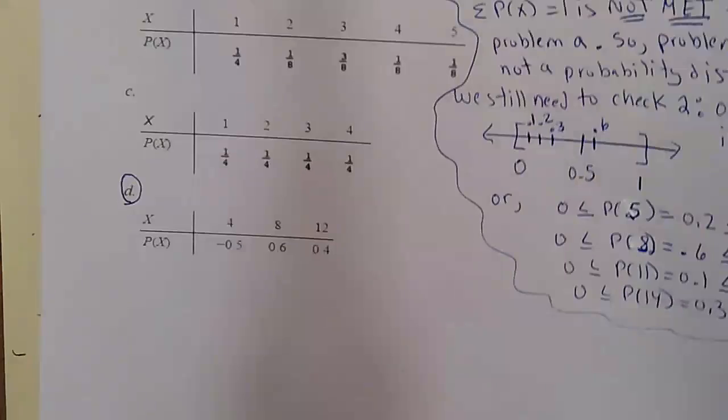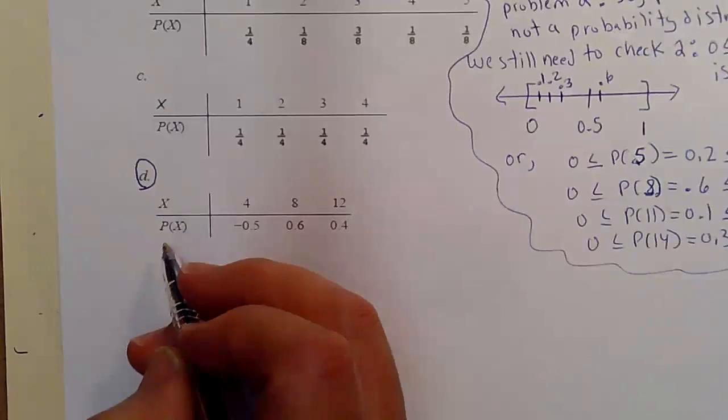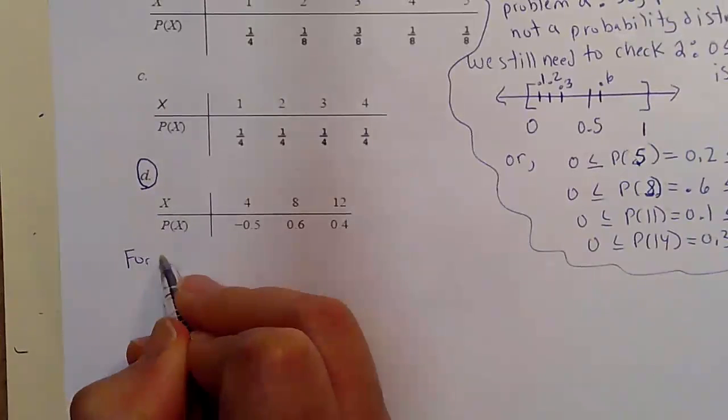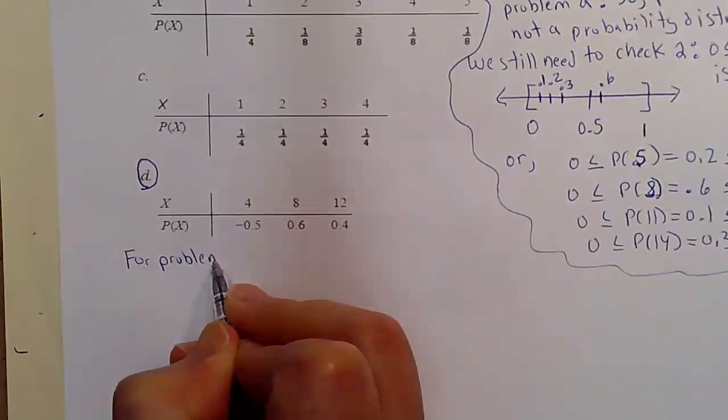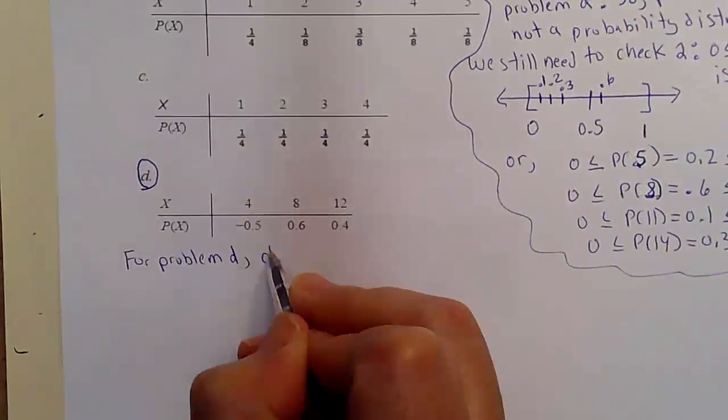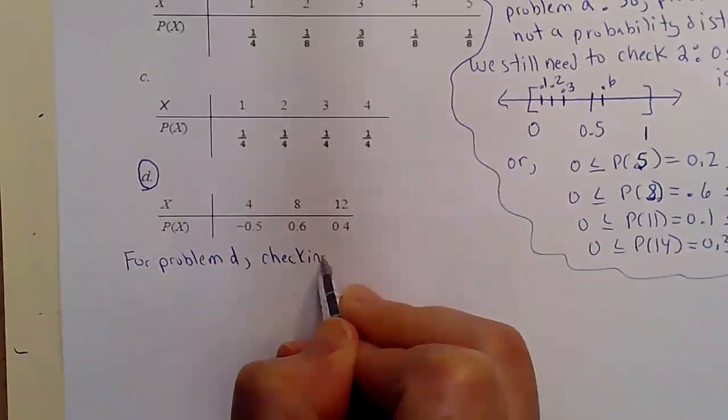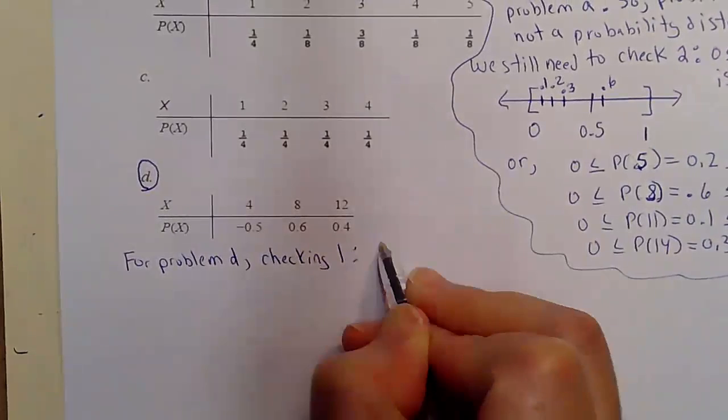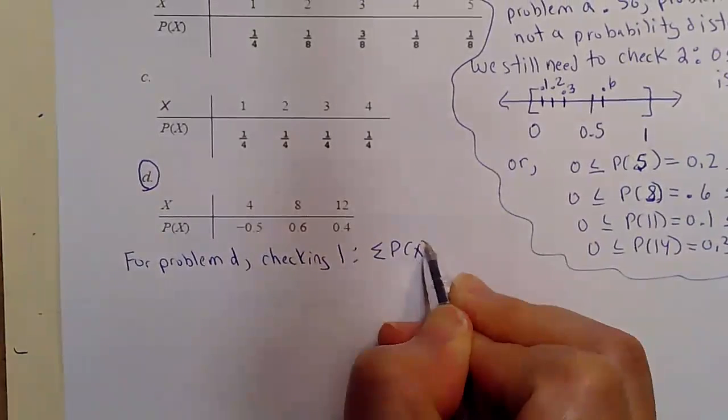So for problem D, again, we're going to check number 1, which is summation of P of X equals 1.